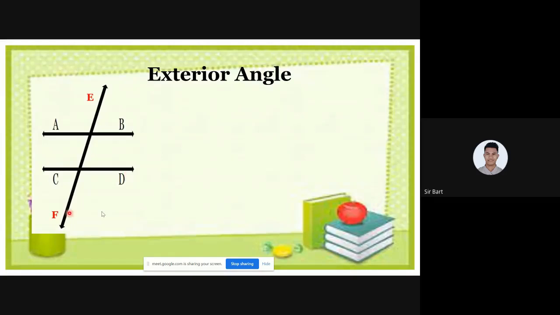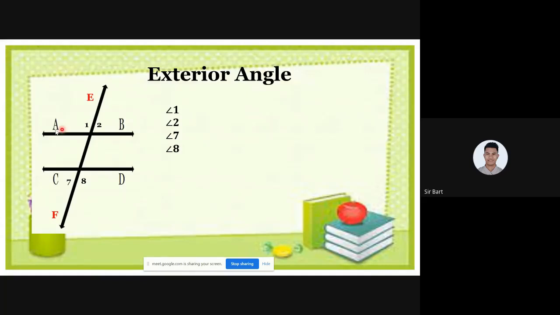Using the transversal line, we're going to find where the exterior angles are. We have angle 1, angle 2, angle 3, angle 4, angle 5, angle 6, angle 7, and angle 8. In this figure, we're going to find where the exterior angles are. Okay, so the exterior angles are angle 1, angle 2, angle 7, and angle 8.